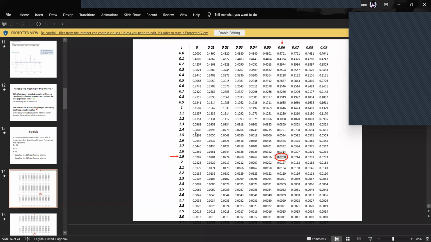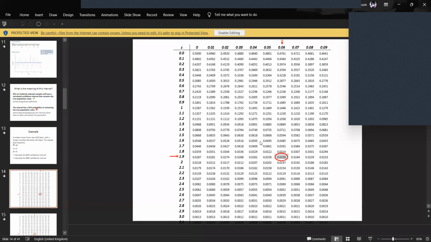Okay, and for 90%, it's going to be roughly 1.64 or 1.645. Okay, just as a rough guess. But again, these aren't really numbers to memorize.